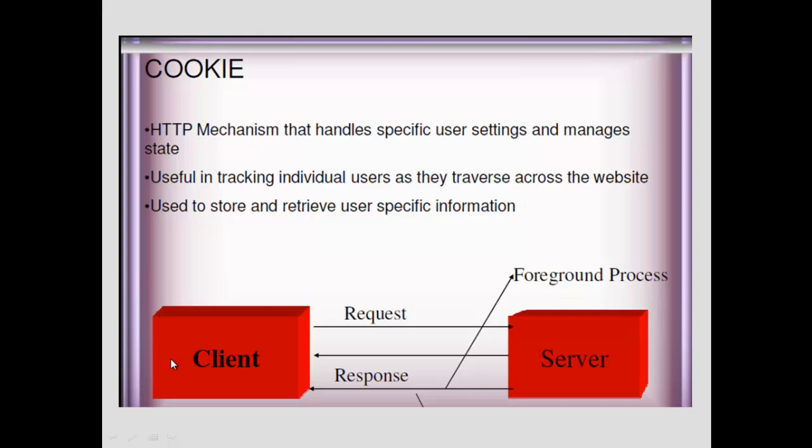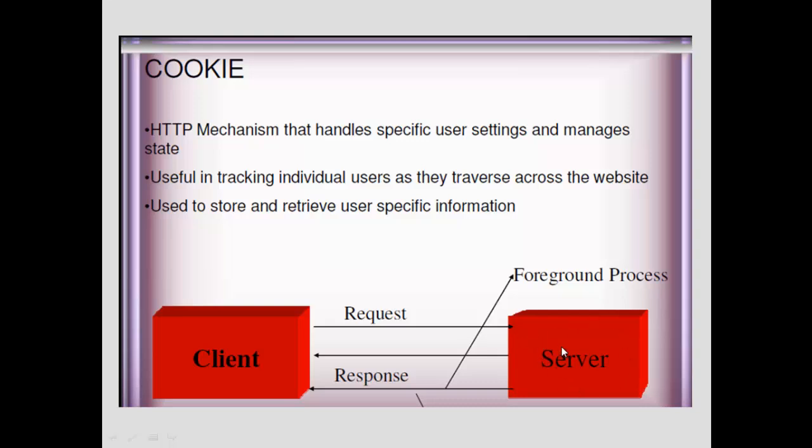So in cookie there is a username, then user password, and the user's other personal information may be there in the cookie. So whenever the client makes first request to a server, it makes a request, and apart from that it sends a cookie, means a key value pair, where the client sends its username and password to the server.